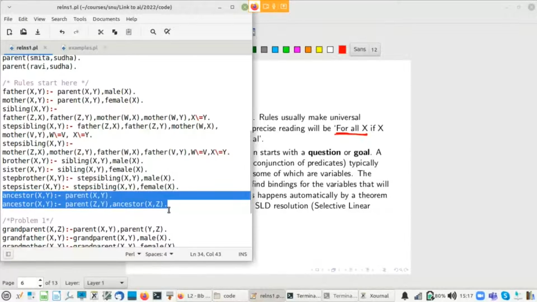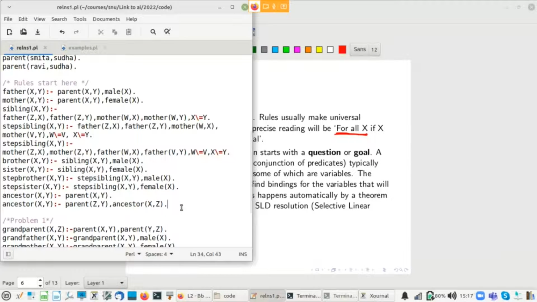And then we have the recursive relation: if z is a parent of y, and x is an ancestor of z. So recursion is so smooth here. I mean, it is so natural. And that's pretty much how we'll do a lot of recursion. Iteration will also be done pretty much using recursion, has to be done using recursion.